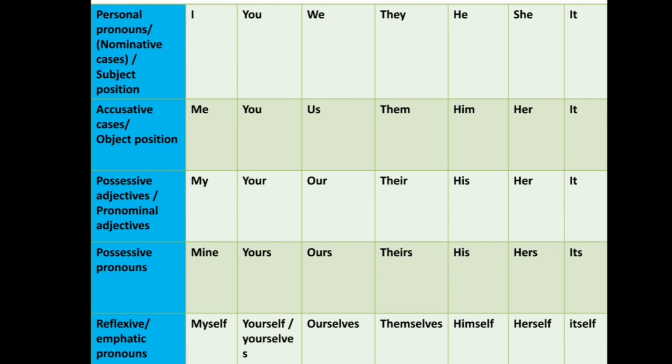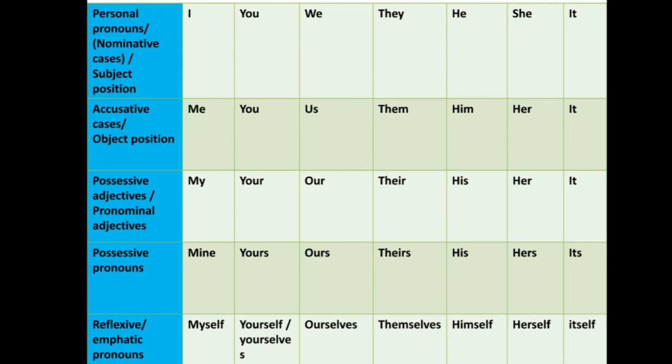These two rows are called possessive cases. In possessive cases, we can see possessive adjectives and possessive pronouns. Third row's words are used to describe something. For example, if I say my house, my is describing the noun house.